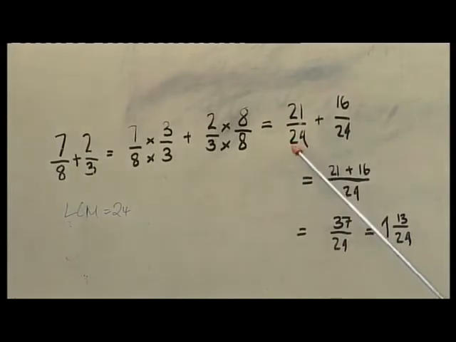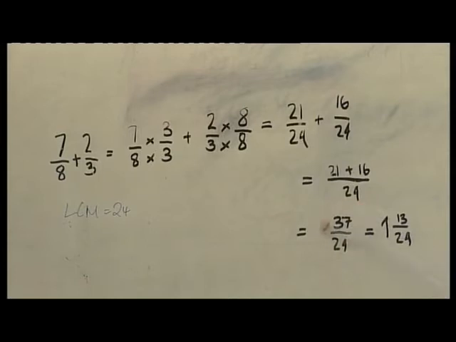So you can see, are they the same? Yes. So because the denominators are the same, it becomes the common denominator. So all you do is add the numerators. What are the numerators? 21 plus 16. 21 plus 16 equals 37? 37/24.